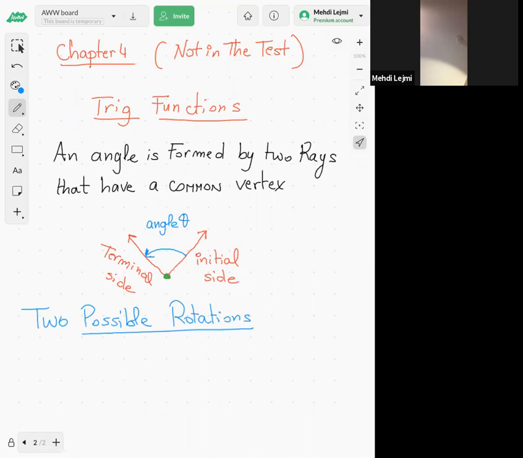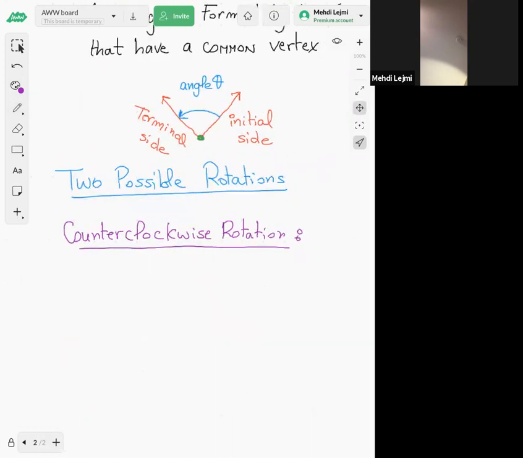So there's a counterclockwise rotation. Let's say, for example, this is my initial side, this is my terminal side.